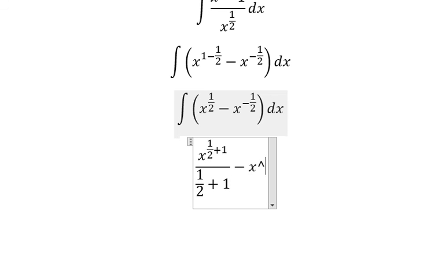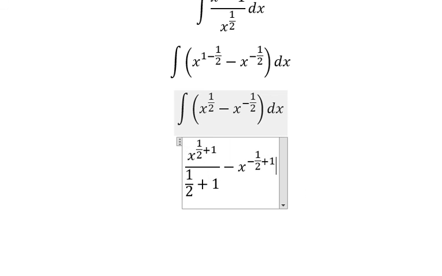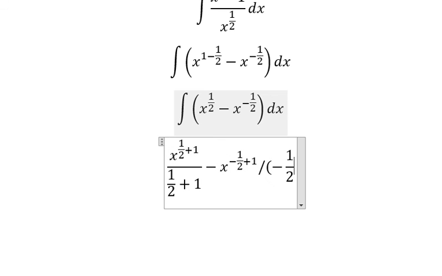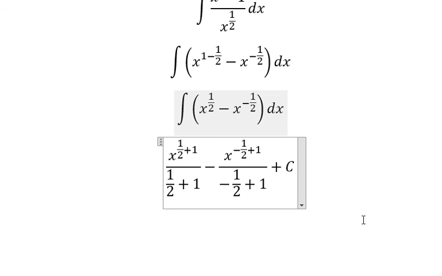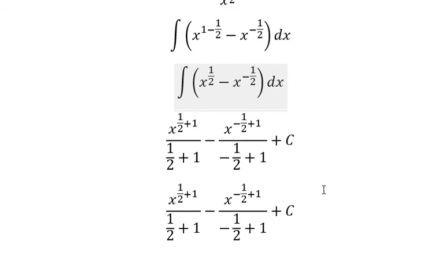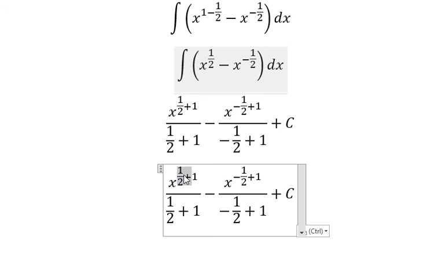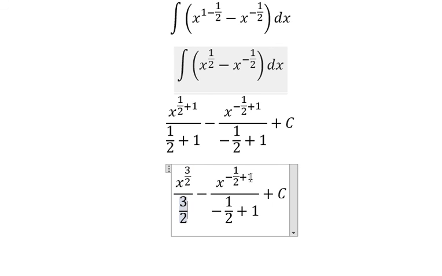Similar for the next one. So this one is 3 over 2. This one is 3 over 2. This one is 1 over 2. Similar for this one.